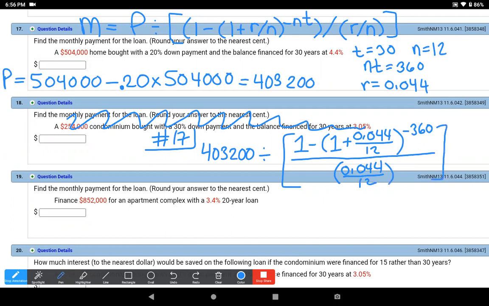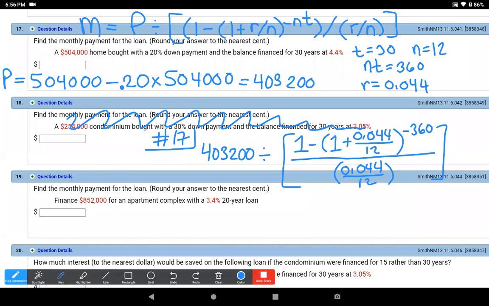That's going to give us the monthly payment for this purchase, right? So 403,200 divide by parenthesis 1 minus parenthesis 1 plus 0.044 divided by 12 in parenthesis caret negative 360 in parenthesis divide by open parenthesis 0.044 divided by 12 in parenthesis.